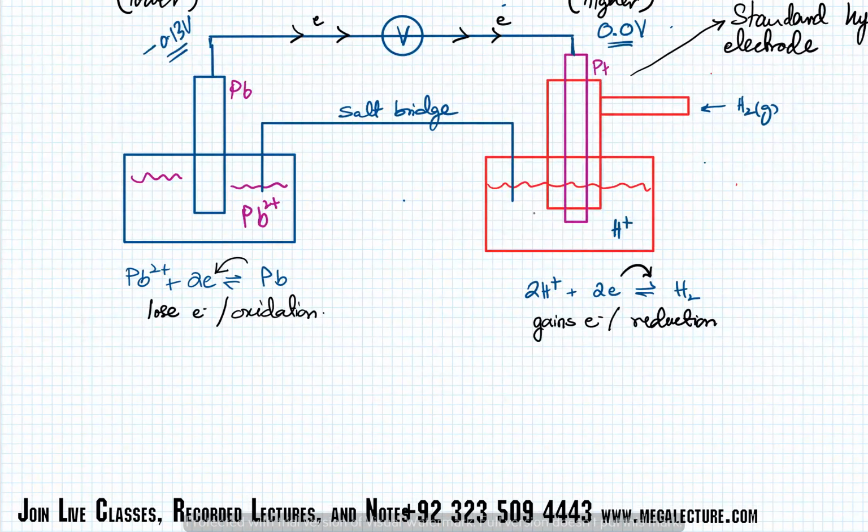And you can come up with an overall equation based on this. What are your two half reactions? The lead is the one that's losing electrons. It's turning into lead 2 plus. That side, H plus turns into H2, so that's the forward direction, 2H plus.